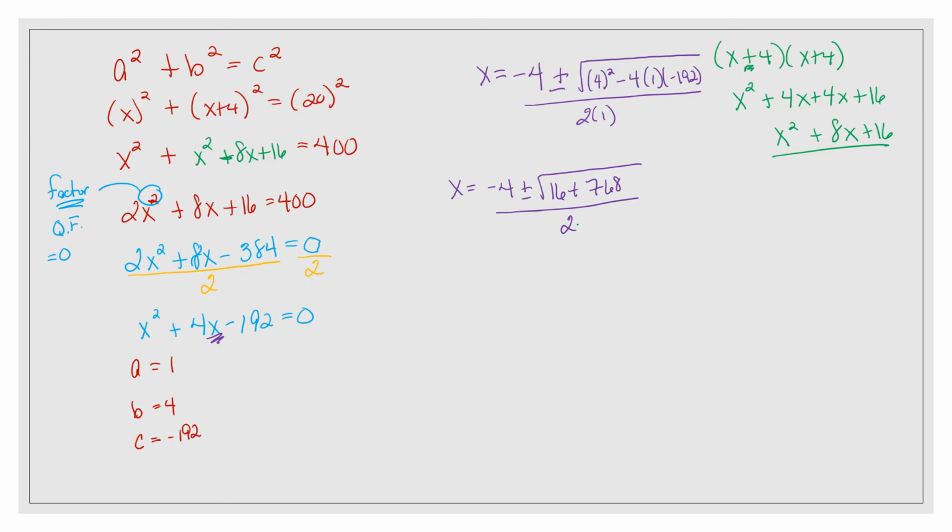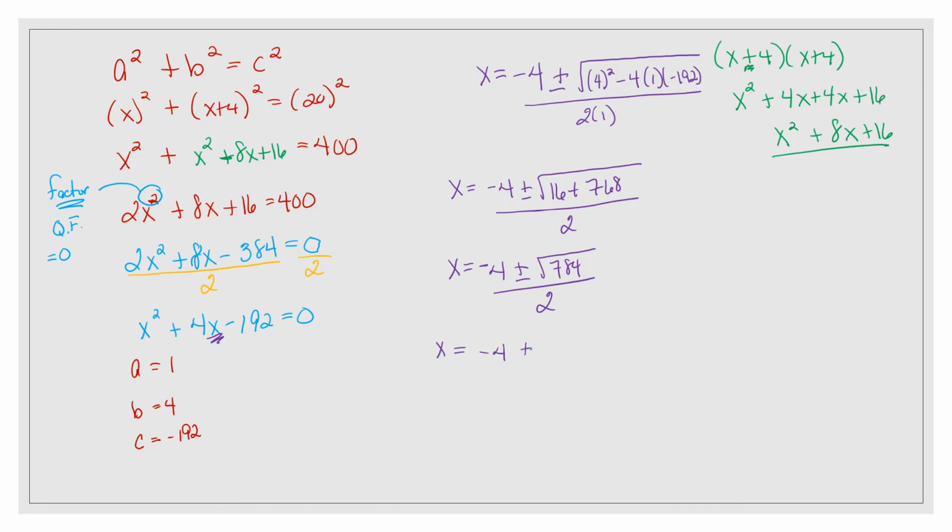Let's see. And x would be equal to negative 4 plus or minus the square root of, good, 784 over 2. Okay, 784, is that a perfect square? Yeah, some of you are like, I already tried it. It is. It's 28. Yay!